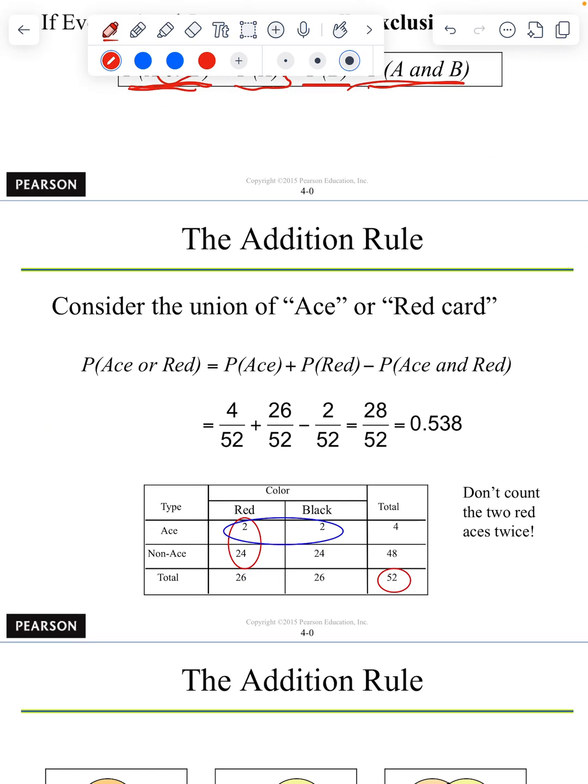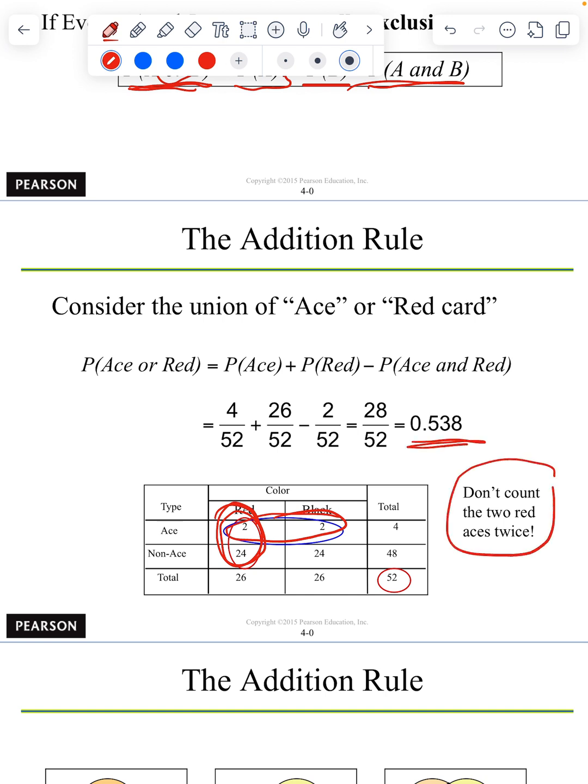So here you've got 4 aces, so 4 over 52, plus 26 red over 52, minus 2 over 52, equals 28 over 52 for an outcome of 0.538.